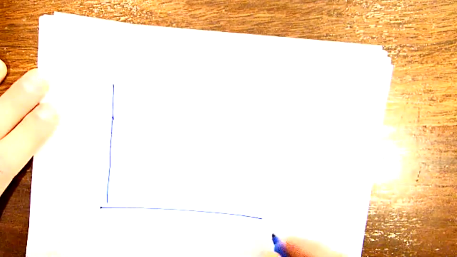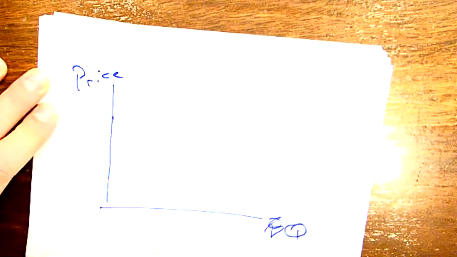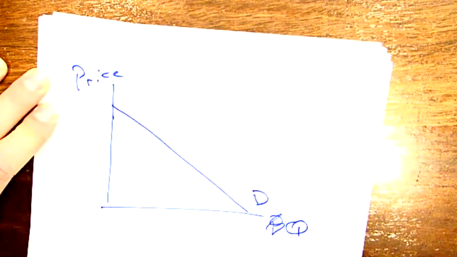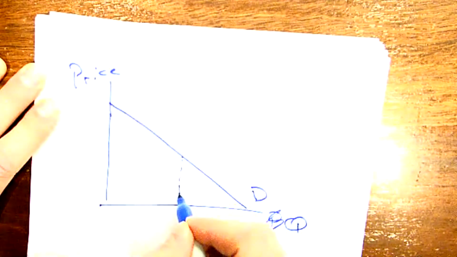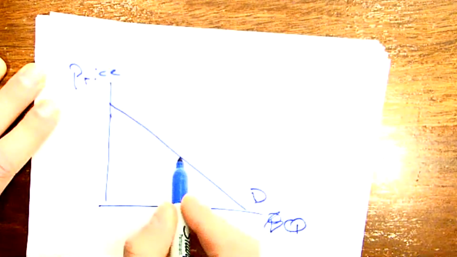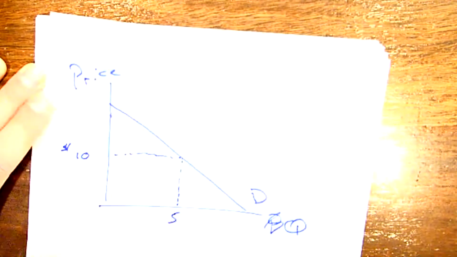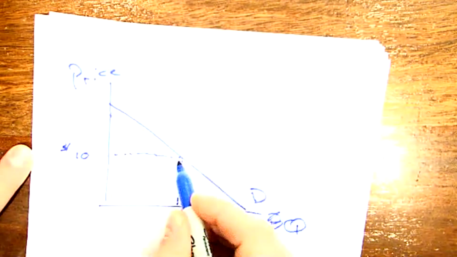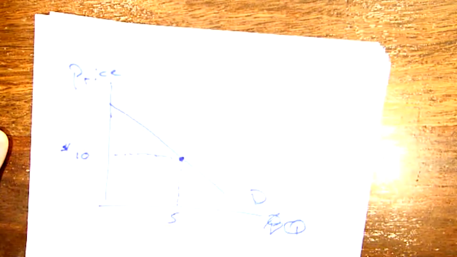Here we have quantity, here we have price. Here's our original demand curve. What this is telling us is that at this particular quantity, let's just call it 5, just to put a number to it, we were willing to pay, say, $10 for that 5th unit. What a demand decrease means is that no matter what quantity we're looking at, if there's lower demand, people are willing to pay less for it.